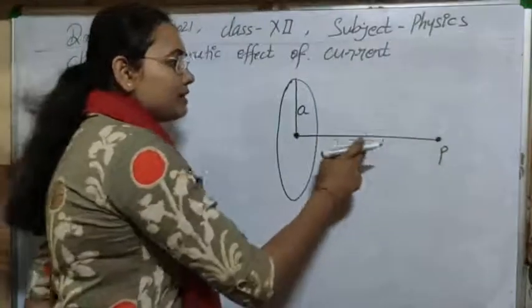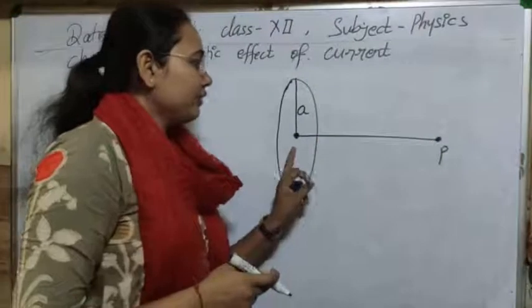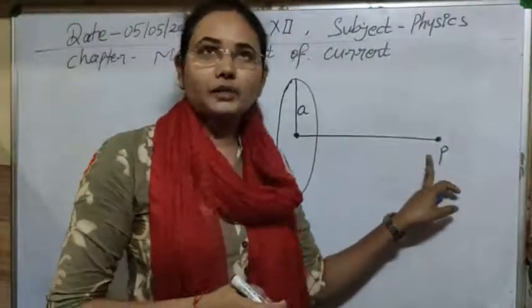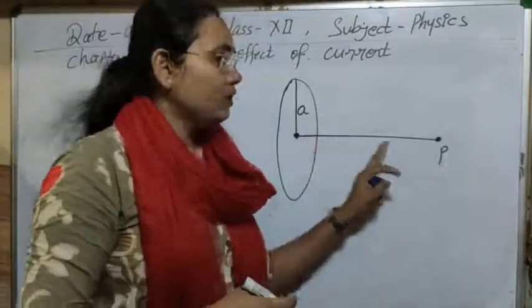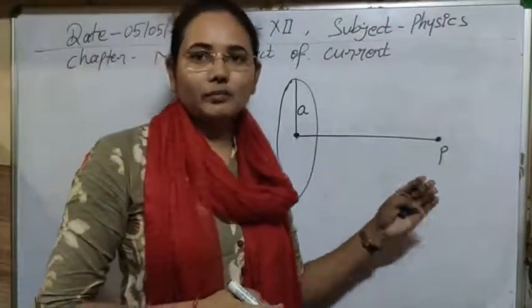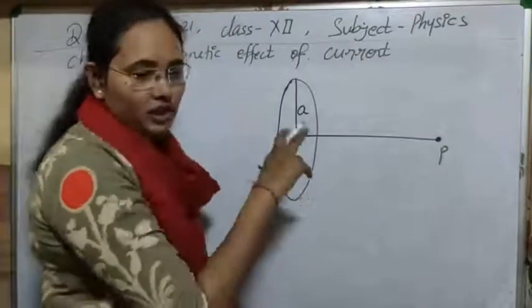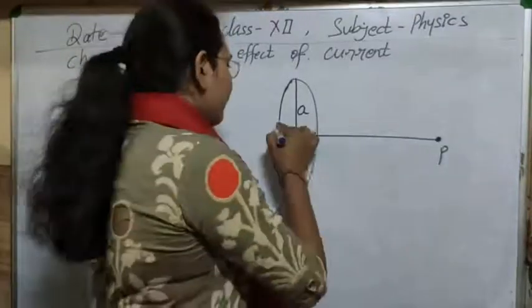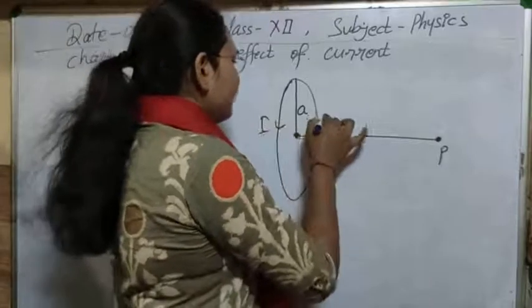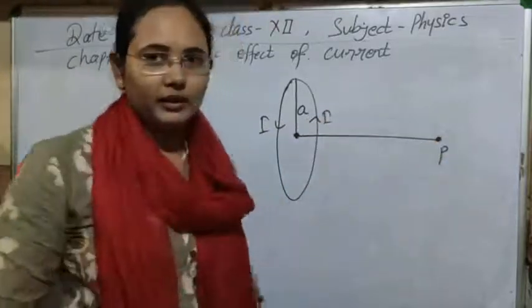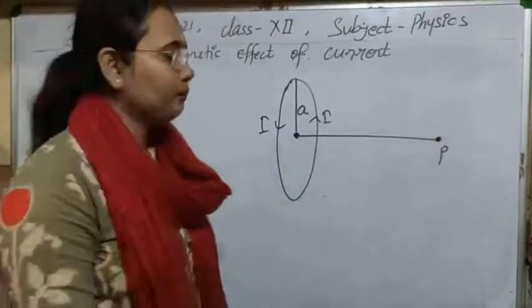So this is the axial line. If you join this point to the center, then you get the axial line or axis of the loop. We have to find out, due to this whole loop in which current I is flowing, the value of the magnetic field at this point.